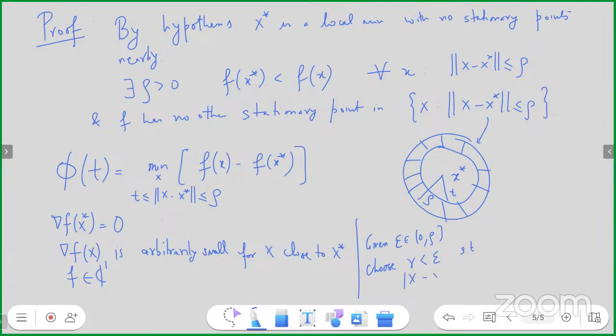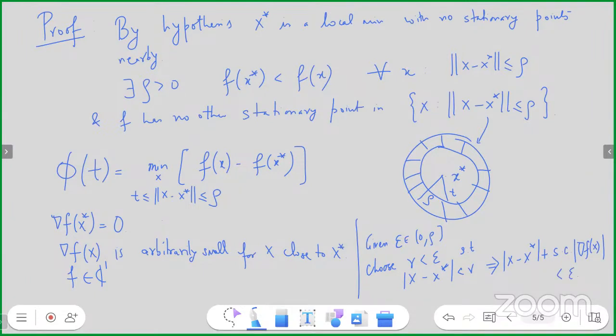Norm of x minus x star is less than r implies norm of x minus x star plus s times c times norm of del f of x is less than epsilon.